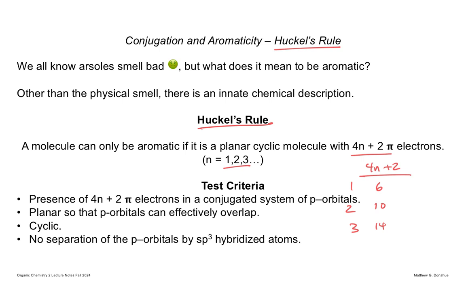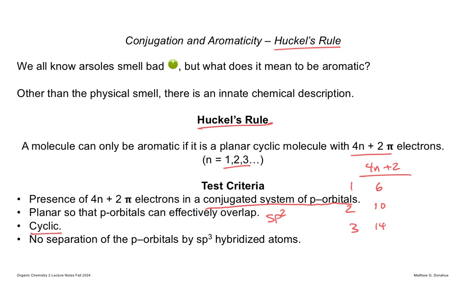So it has to be a conjugated system, where we know that conjugation comes from those p orbitals of alkenes right next door to each other. We know that to get a p orbital, the carbons have to be sp2 hybridized. sp2 hybridized is trigonal planar, so all of the atoms have to lie in one plane, and they have to be cyclic.